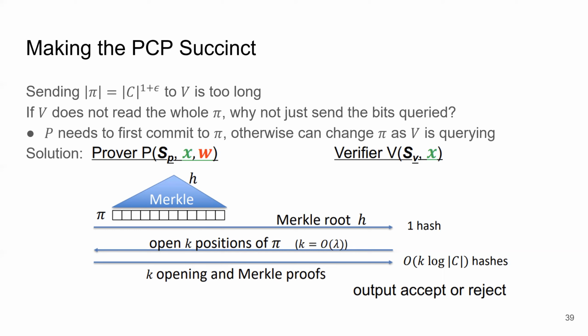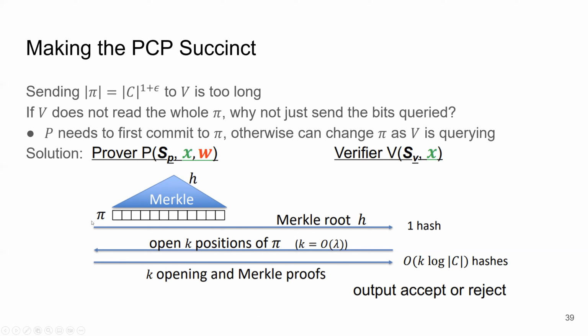As opposed to the original system we had, where we sent the entire proof over, and then when queried, we would send k bits over, here we're only sending a root over first, and when queried, we send the k bits, and we send k Merkle proofs. Because each Merkle proof is only log in the size of the Merkle tree, in total, we're going to send k times log the size of the circuit amount of information the second time around.